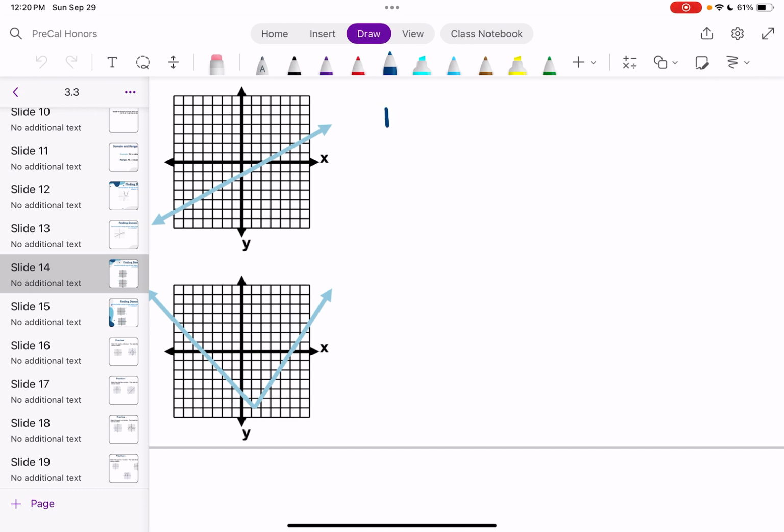Our domain for this problem in interval notation would be from -infinity to +infinity, and set notation would be x such that x is equal to all real numbers.